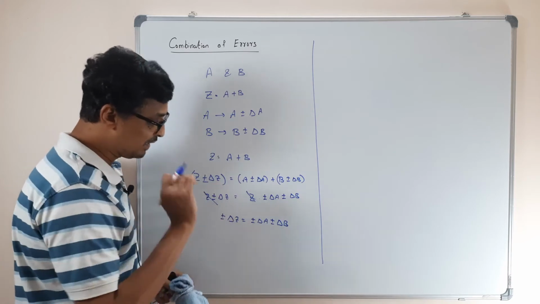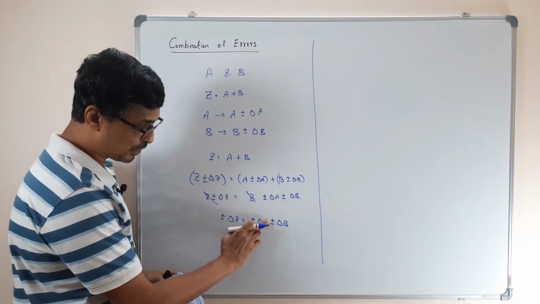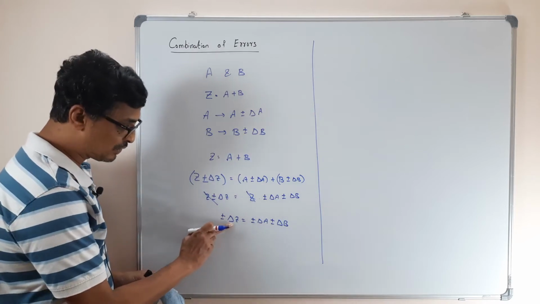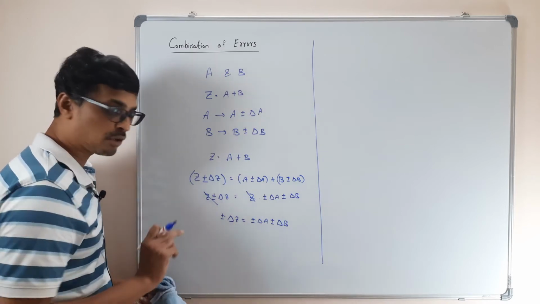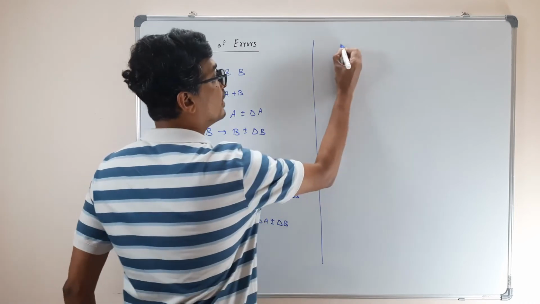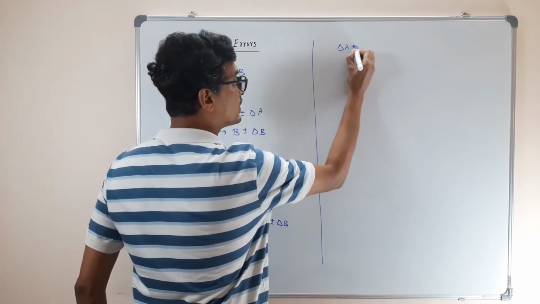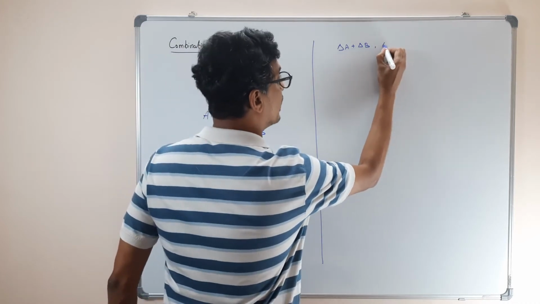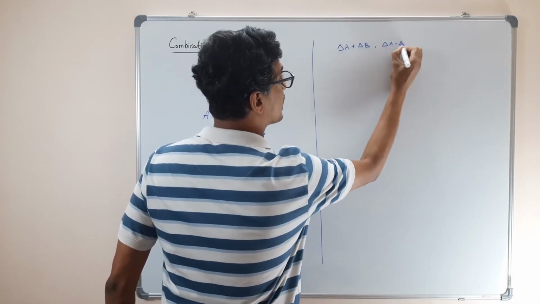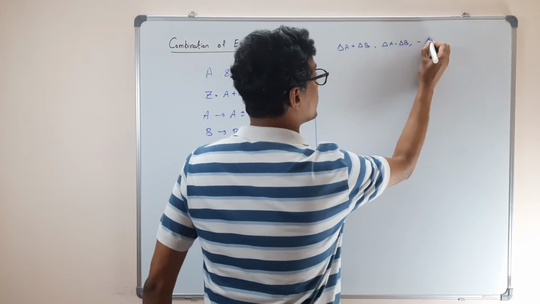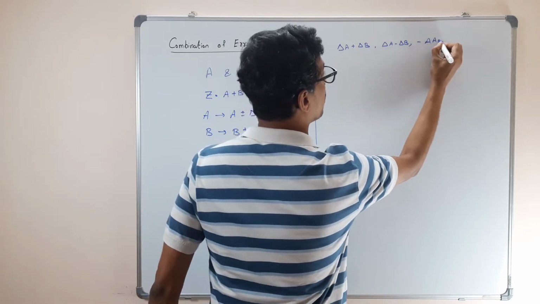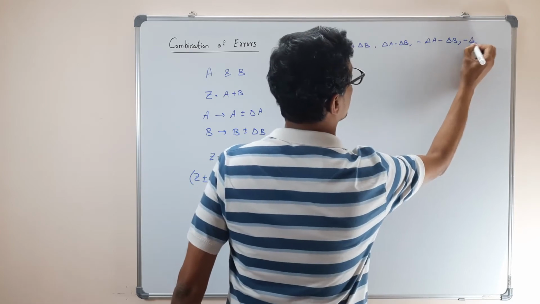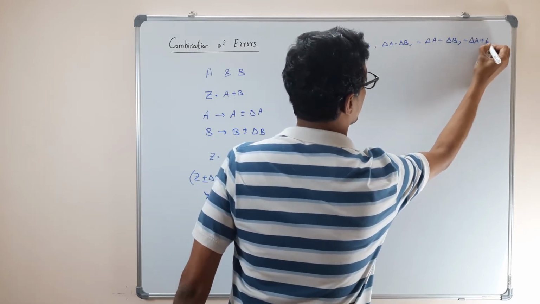Similarly, here again this is a positive quantity, so we write it as plus minus. So delta Z will have what possible combinations? Delta A plus delta B, delta A minus delta B, minus delta A minus delta B, and minus delta A plus delta B.